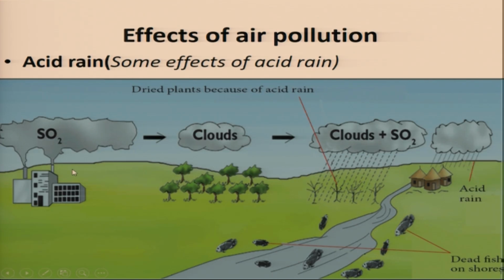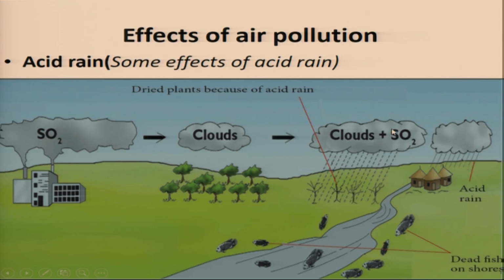Now, as sulfur dioxide is released from the factories, it goes into the atmosphere. This is the atmosphere, all right? It meets with clouds where we find the water droplets. So as water droplets combine with sulfur dioxide, they come back as rain, but it is now not this good rain we always receive.